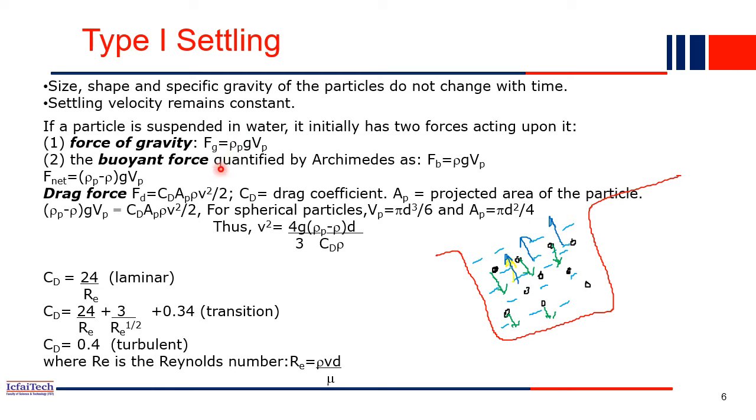Mass into acceleration is called force, Newton's second law. So the density of the particle, rho p, into Vp, the volume of the particle, not velocity, gives you the mass, into g, the acceleration due to gravity, which is constant.